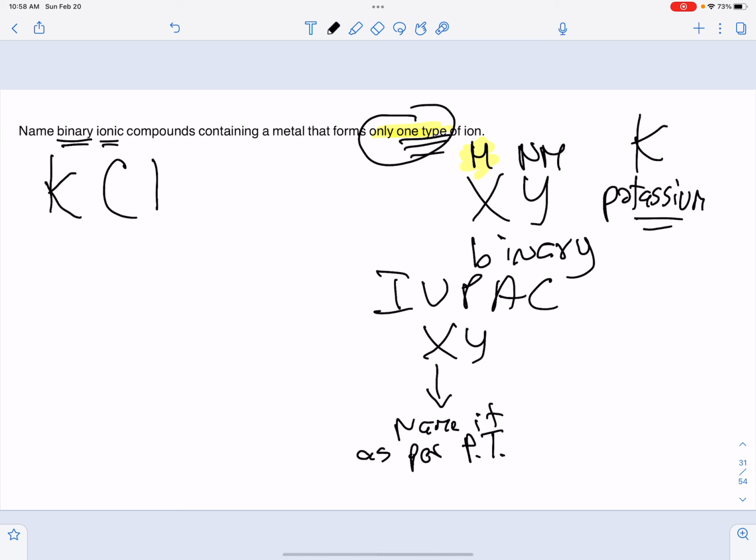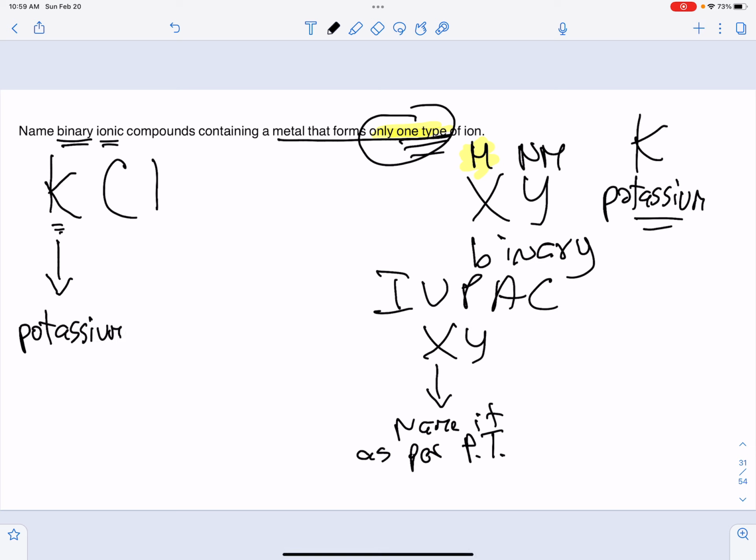It's ionic because I have a metal and a non-metal, just rehashing what we already said. And it contains a metal that only forms one type of ion, anything in group 1 or group 2. So how are we going to name this? You're going to take the first one and name it according to the periodic table: potassium.